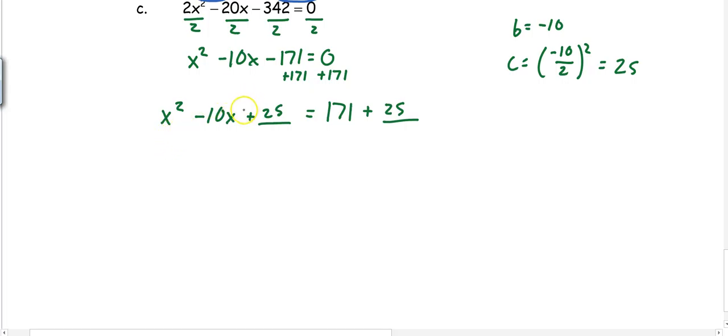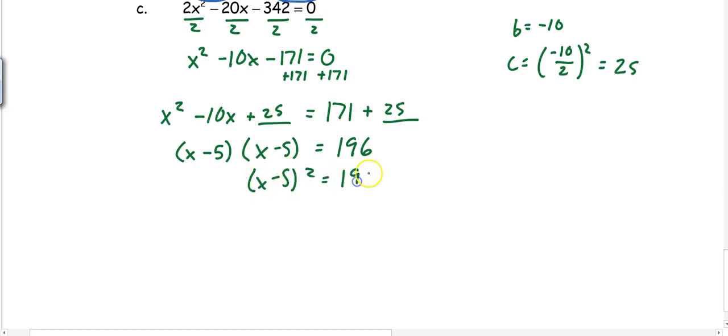Now here to complete the square, notice that 10 is negative this time. So when I cut it in half, that value is now negative 5. So x minus 5 times x minus 5, squared, equals 196. So x minus 5 squared equals 196.